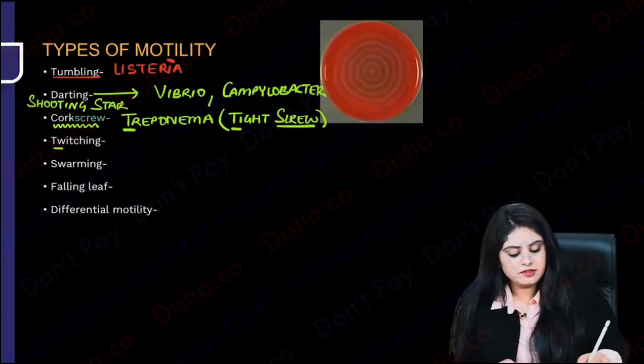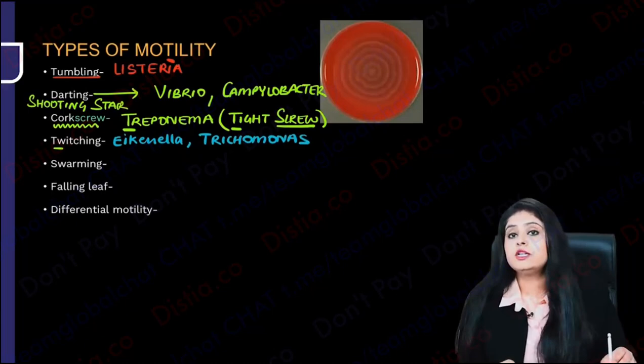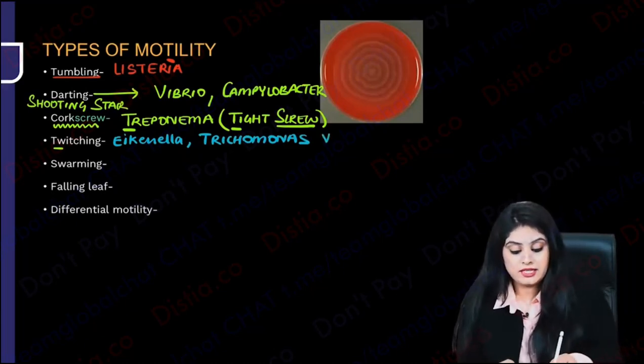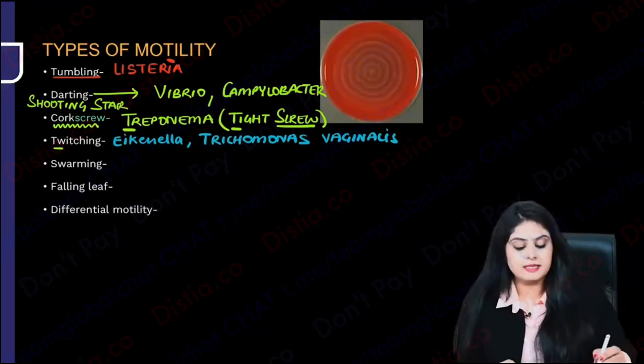Coming to twitching. Firstly, you will memorize it. Twitching is seen with Eikenella. And twitching is also seen very famously with a T organism called Trichomonas. Trichomonas also shows you the twitching motility. Trichomonas vaginalis, I hope you've heard about it. Trichomonas vaginalis causes strawberry cervix. Now that shows you T for T, twitching motility.